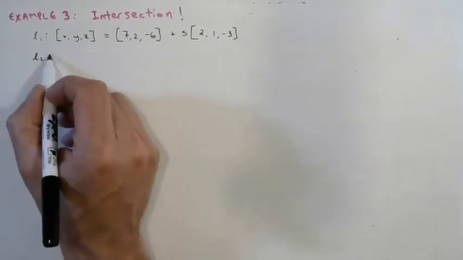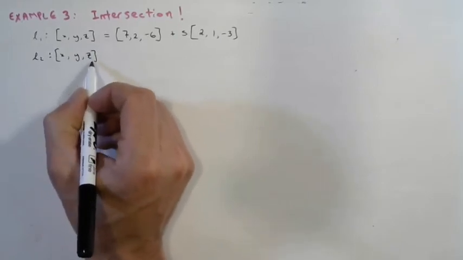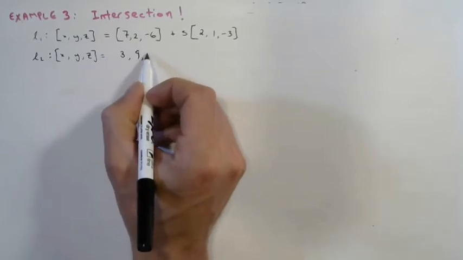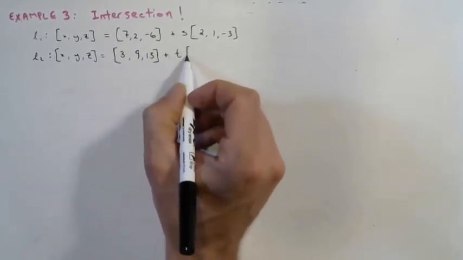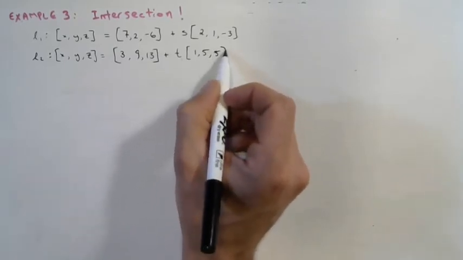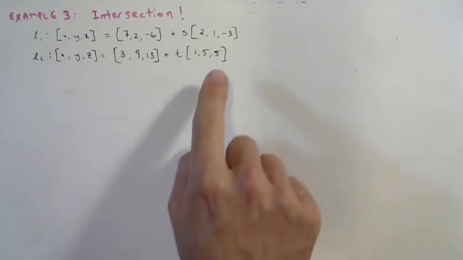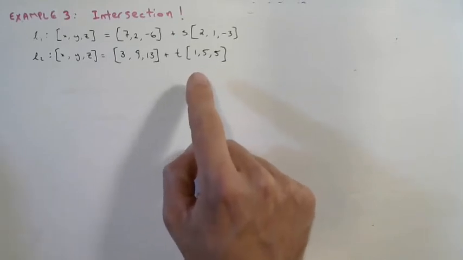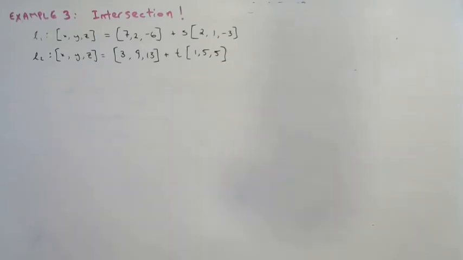And we've got L2, (x, y, z) equals (3, 9, 13) plus t times (1, 5, 5). So the direction vectors are different. They're not multiples of each other, so I know they're not parallel, and these lines are not going to be coincident. They are going to intersect somewhere.